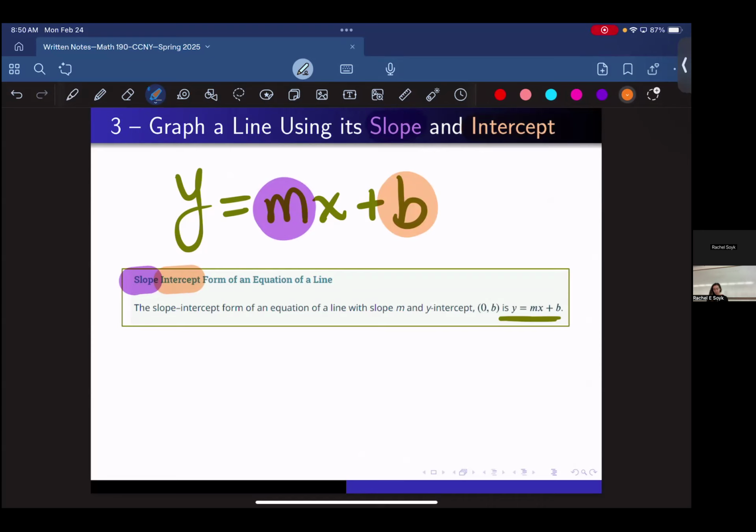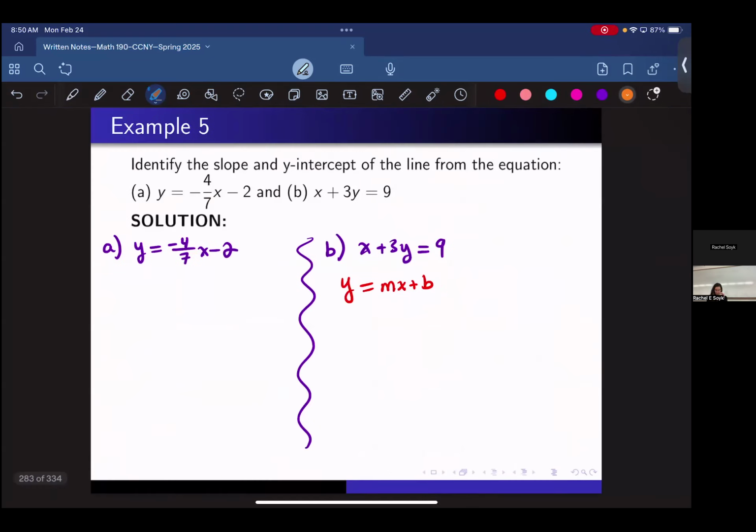So let's do some examples involving slope-intercept form. In example 5, we want to identify the slope and the y-intercept of these two given equations. The first one, lucky for us, is already in slope-intercept form, which tells us what our slope is here. Good. And what's our y-intercept? Got it.